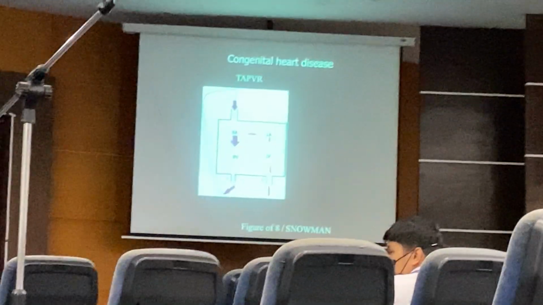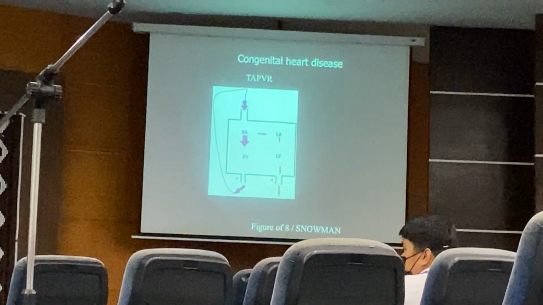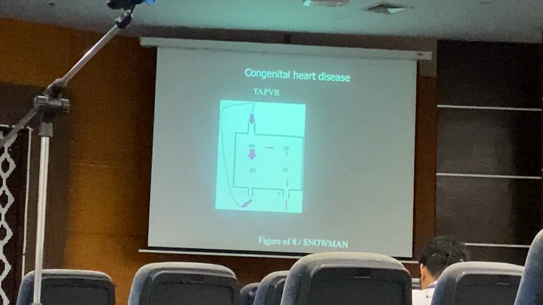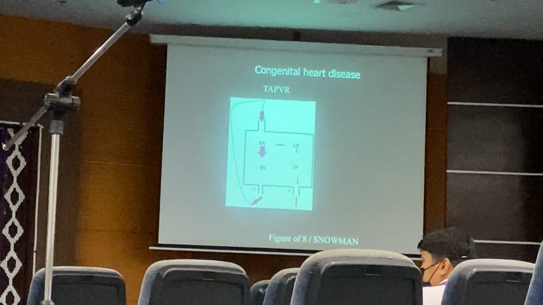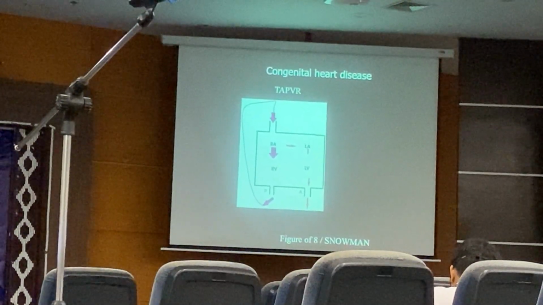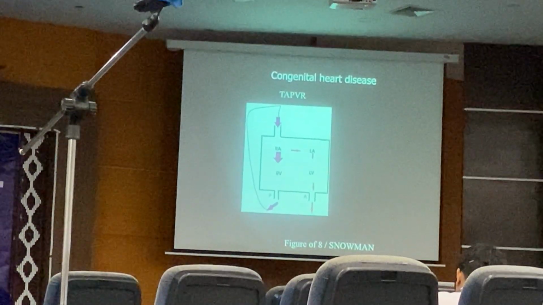In total anomalous pulmonary venous return, what happens to the pulmonary veins? Normally, your pulmonary circulation would go to the left side of your heart, right?